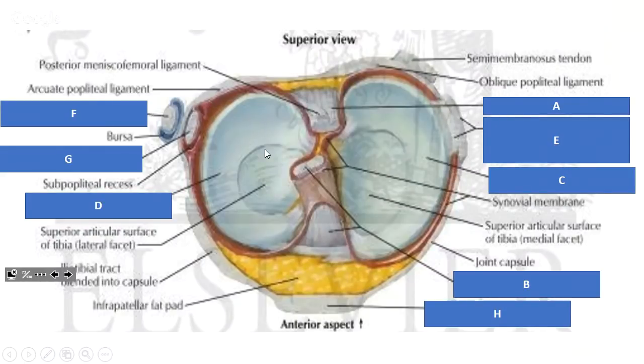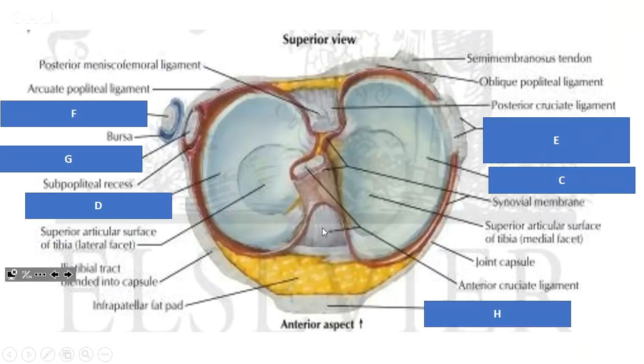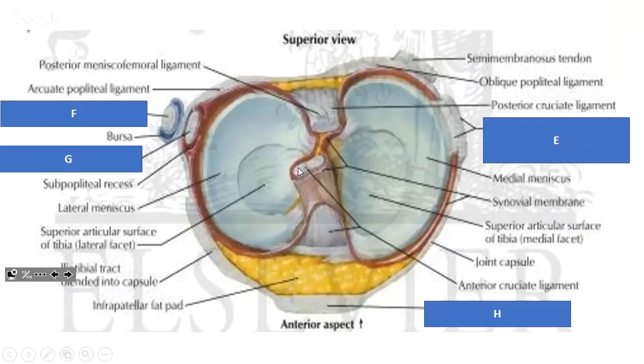Now this is an open view of the knee. Just think of anterior here. This is posterior, so it's the PCL. This one's the ACL. Remember the medial meniscus is more C-shaped, the lateral one's more O-shaped. So this is the medial meniscus, this is the lateral meniscus.